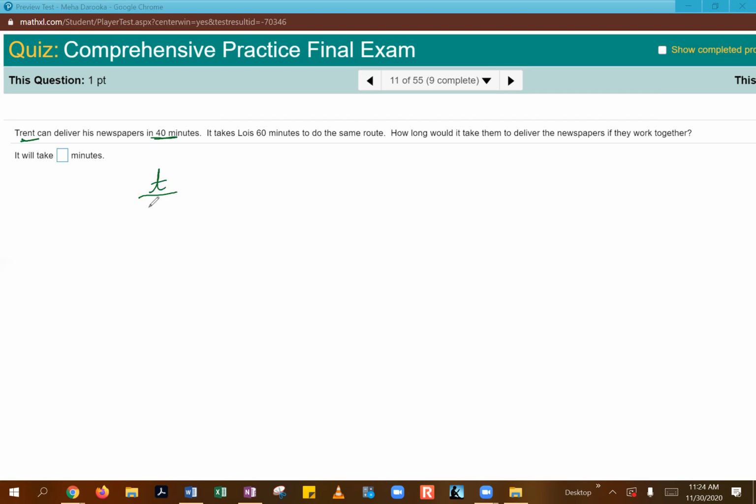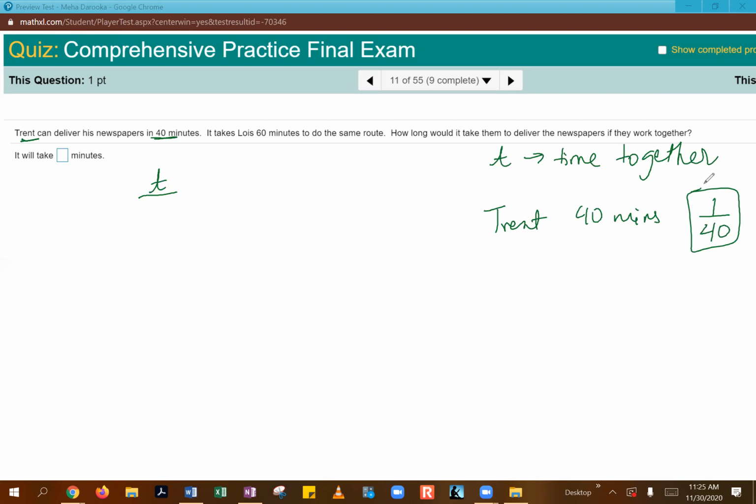So for Trent, again, the time T is the time it will take them to work together. If Trent is taking 40 minutes, that means his speed of work is going to be 1/40th, which means in 1 minute, he would have 1/40th of the work done. So this would sort of be his speed that he's working at.